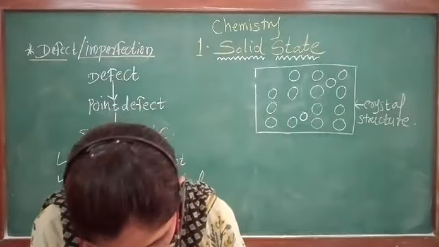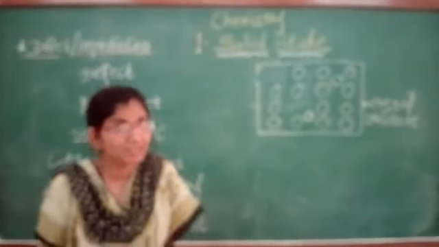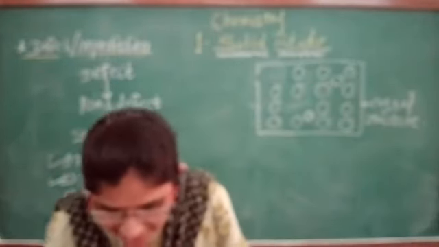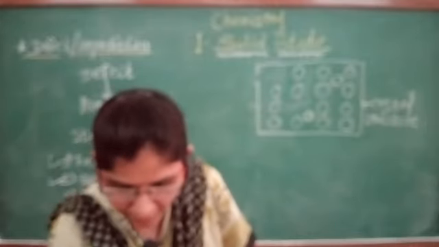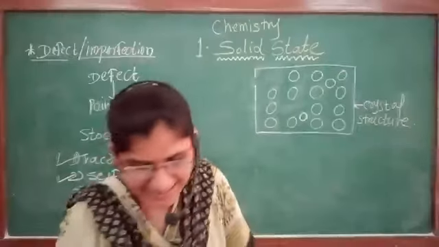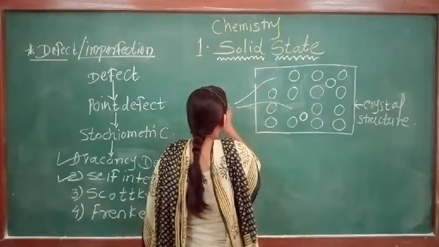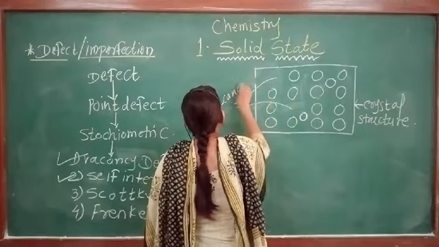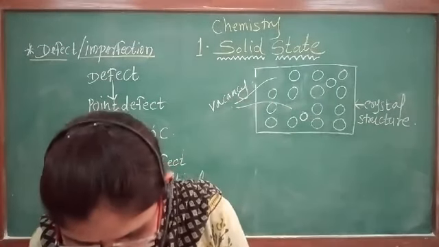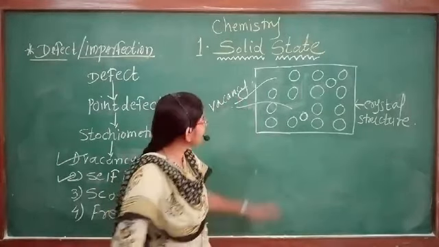That means a particle gets shifted from its original lattice point and goes into the interstitial space in the crystal structure, and because of the displacement of the particle, a vacancy is also created. At the same time the interstitial defect arises.